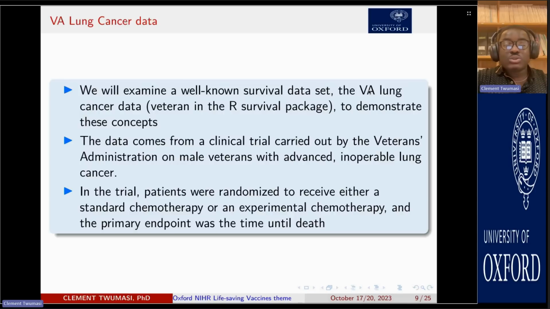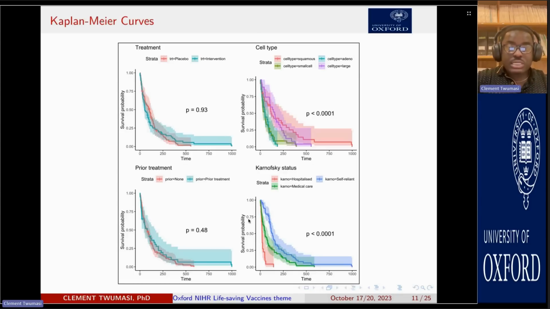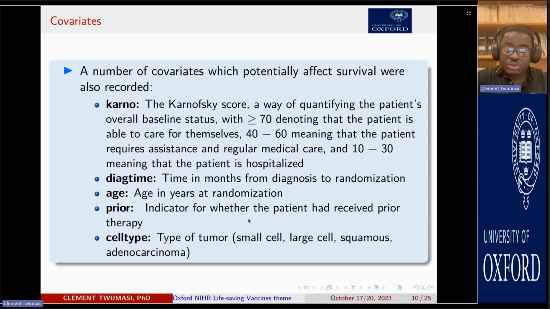It was lung cancer data, obtained from a clinical trial where patients were randomized to receive either a standard chemotherapy or an experimental chemotherapy. The primary endpoint was time until death. So that is basically the summary of the data.